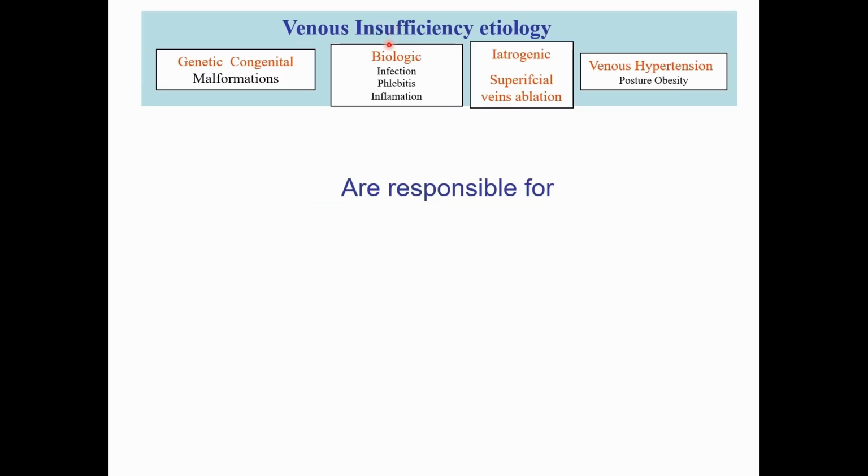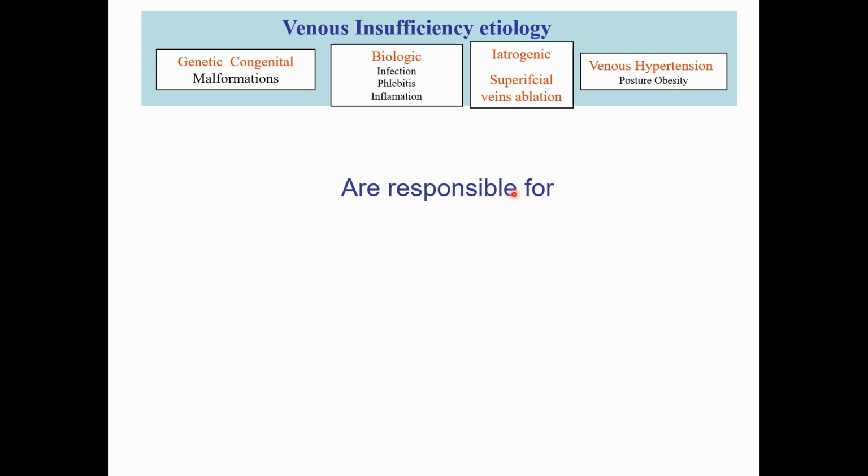The etiology of the venous insufficiency may be malformation, congenital, genetic, or biological, infection, phlebitis, inflammation, iatrogenic, especially responsible for varicose recurrence after varicose ablation, and venous hypertension by posture or obesity.